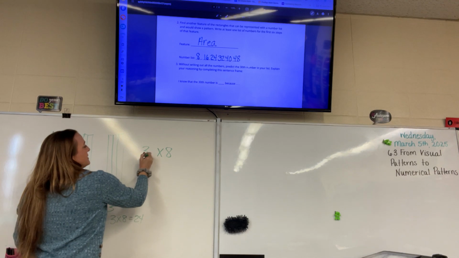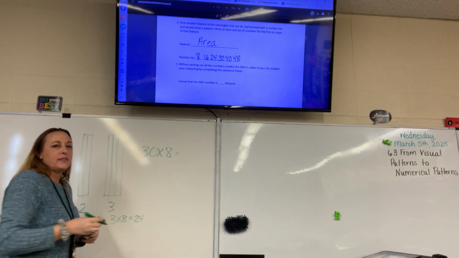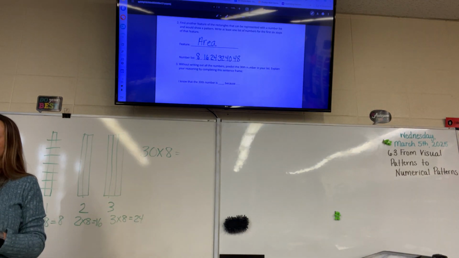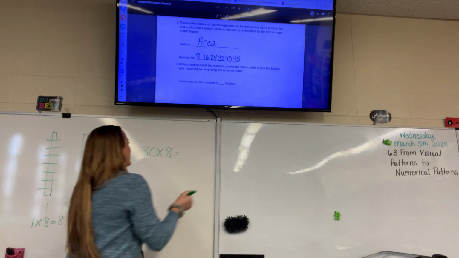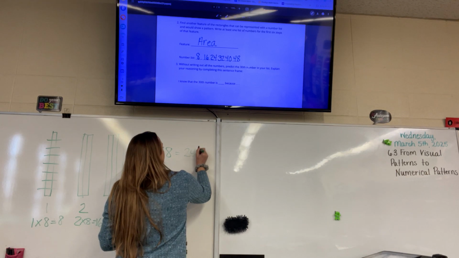If we're on the 30th step, how many blocks would that be? Ari? 240.